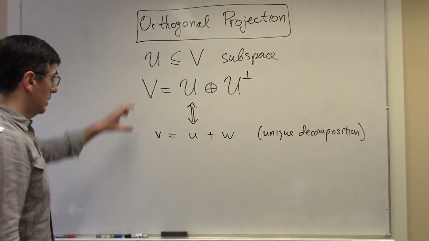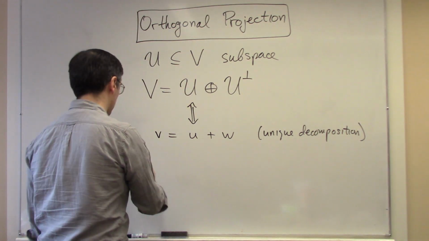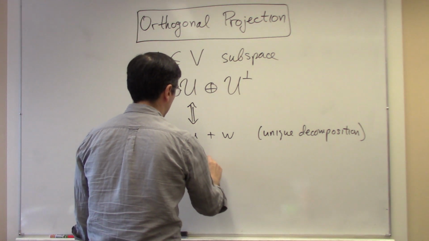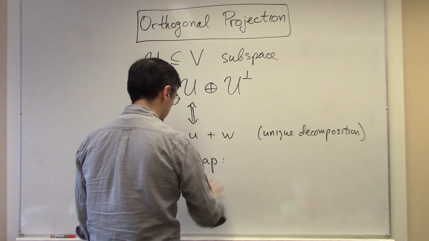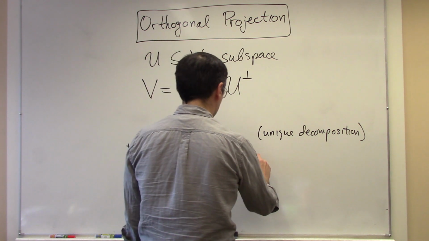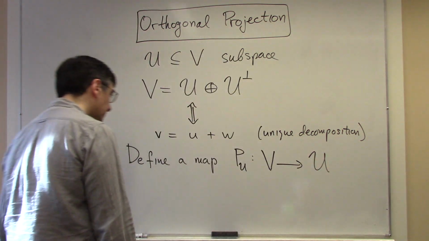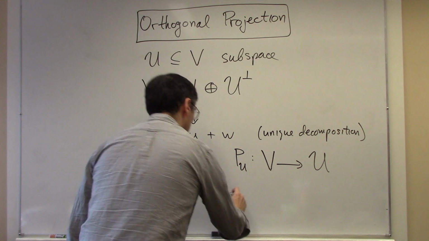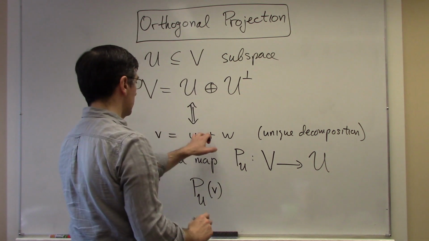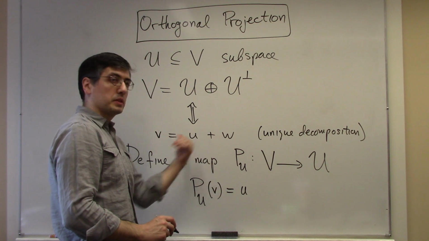So using this you can define a map from V to U. Now define a map which is called projection onto this subspace, from V to U, which takes a vector v, and it maps it to this u.